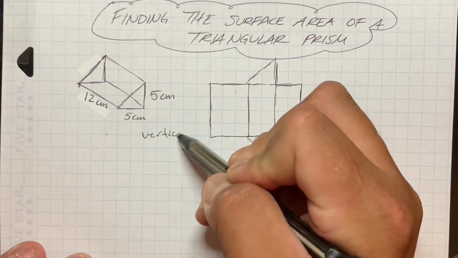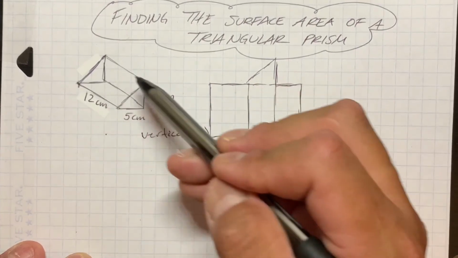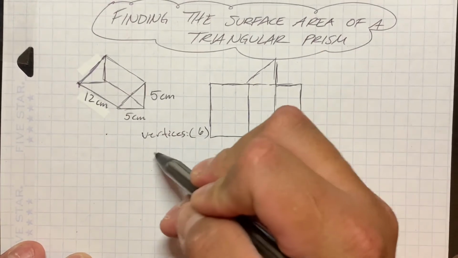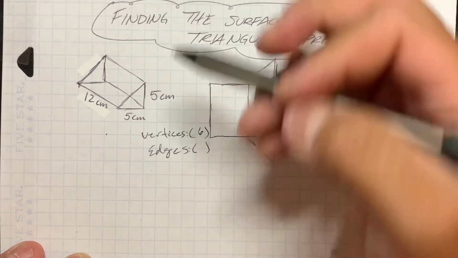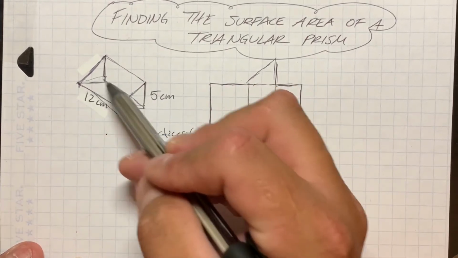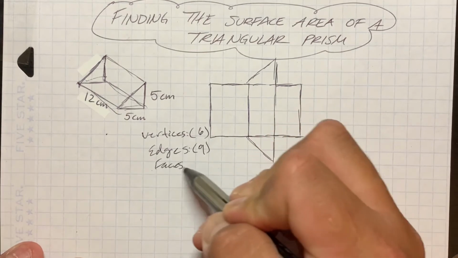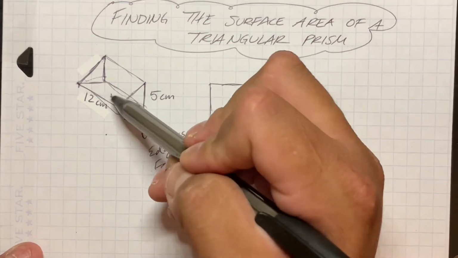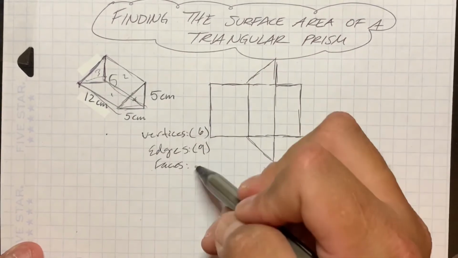Again, let's count all the vertices. So we have 1, 2, 3, 4, 5, 6 vertices. Let's count all the edges. We have 1, 2, 3, 4, 5, 6, 7, 8, 9 edges, and all the faces. Okay, we have 1, 2, 3, 4, 5 faces.